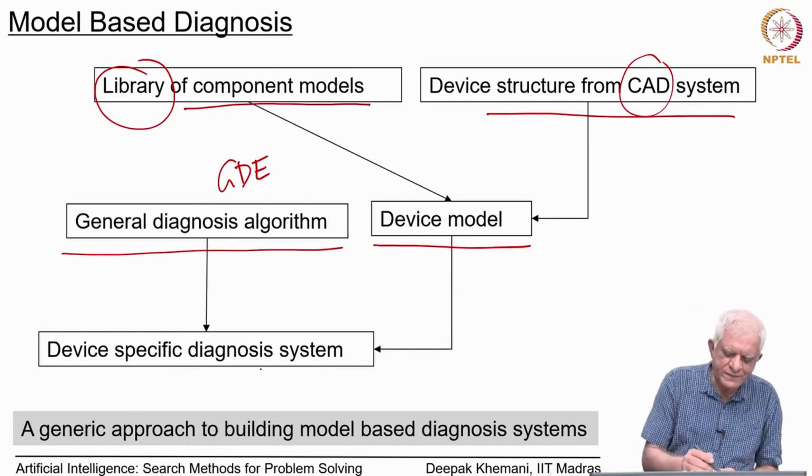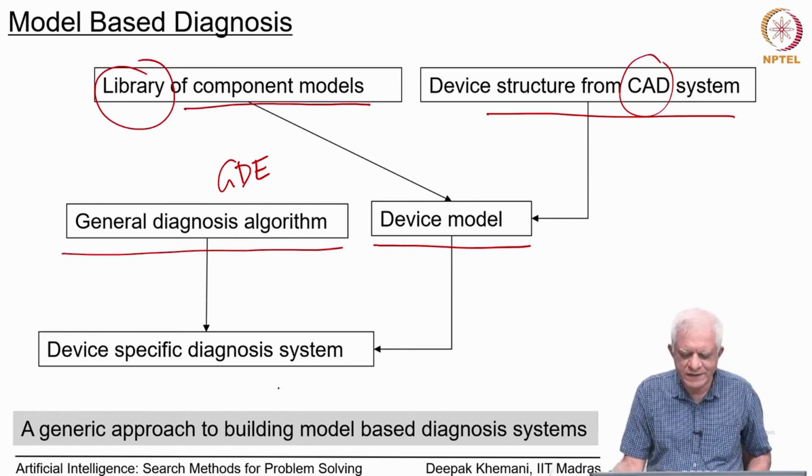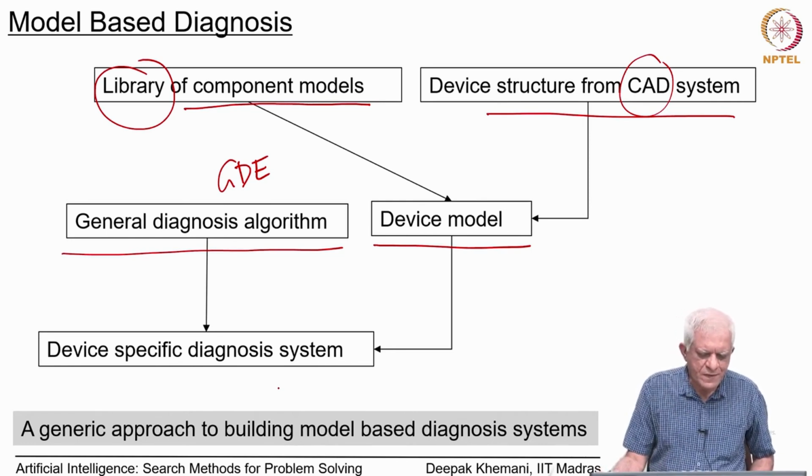And what you get if you do all this is a device specific diagnosis system. It is a generic approach to model based diagnosis, essentially. We will just try and get a flavor of this very quickly. We do not have time to go into the details, and there is a considerable amount of detail here.